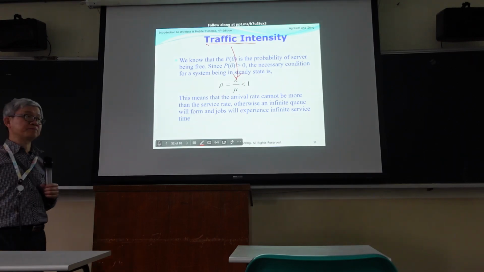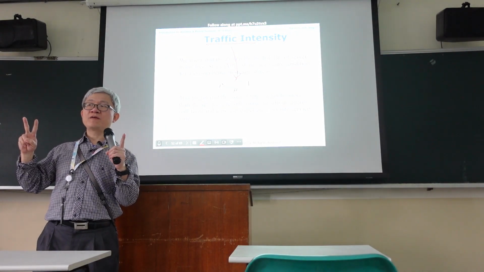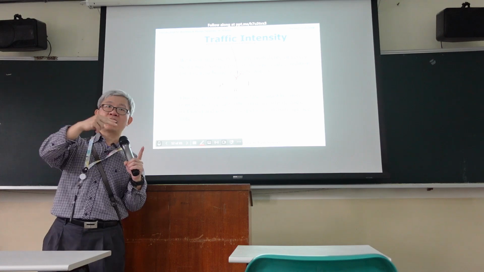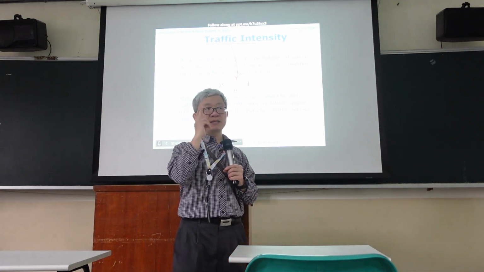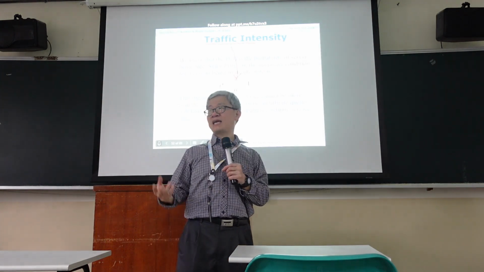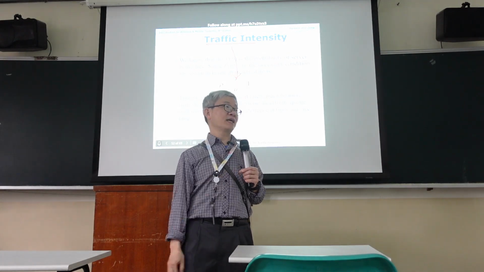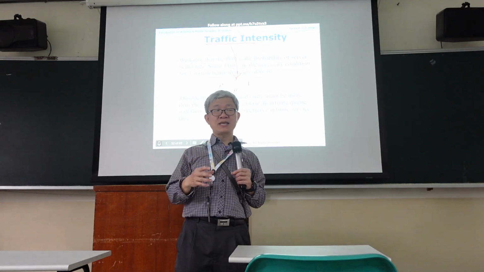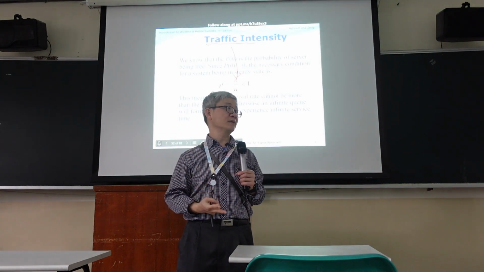Why lower than 1? If we have 12 customers per second coming to the system and you only have the capability to serve 10 customers per second. Think about this in 1 second: I can just serve 10, but how about the remaining 2 customers?